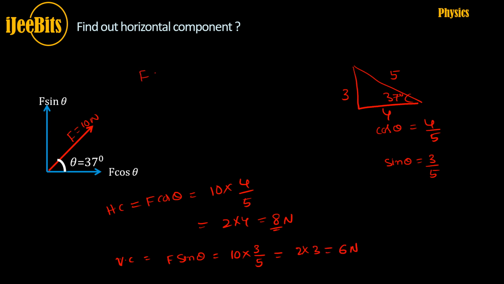F equals 8 in the horizontal direction, i, plus 6 in the vertical direction, j. So the magnitude of F, how do you calculate? 8 squared plus 6 squared, that means root of 100, so 10 newtons. Clear now?